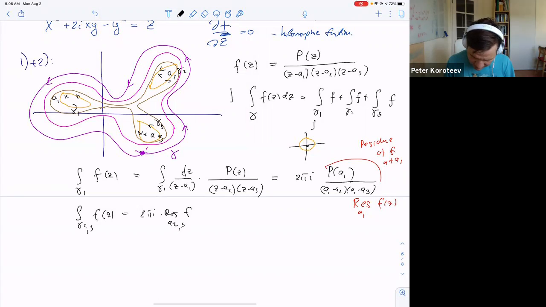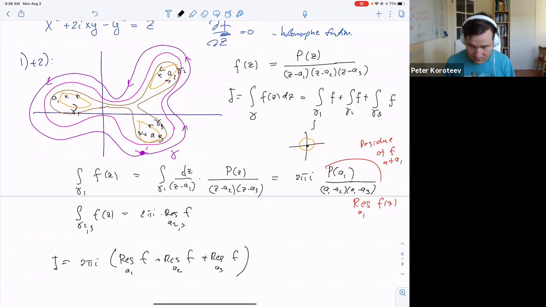So the full integral, let's call it I, is equal to 2 pi i times the sum of three residues: the residue of f at a1 plus the residue of f at a2 plus the residue of f at a3. Which is some rational function of this form. So this is residue 1, and there will be similar answers for 2 and 3.